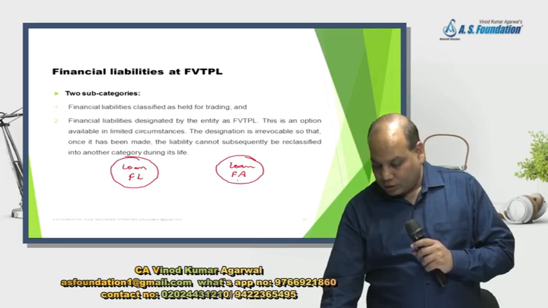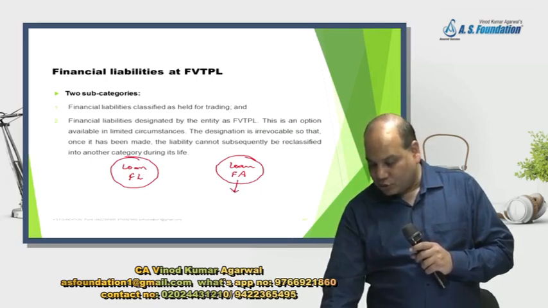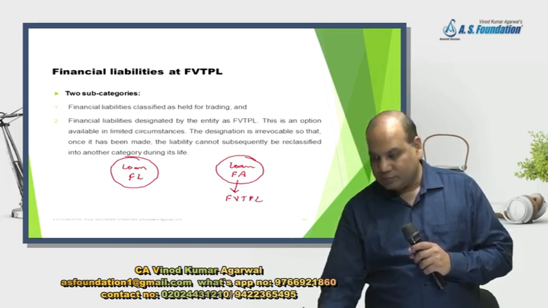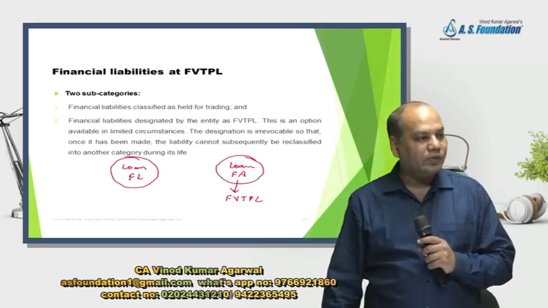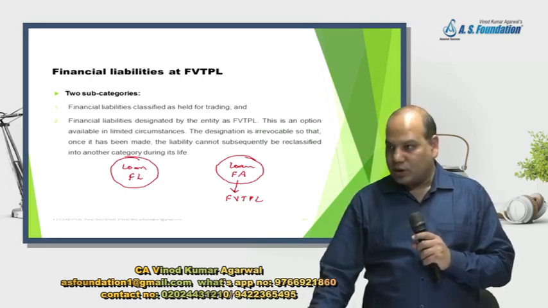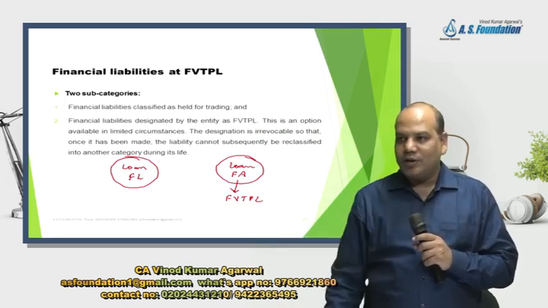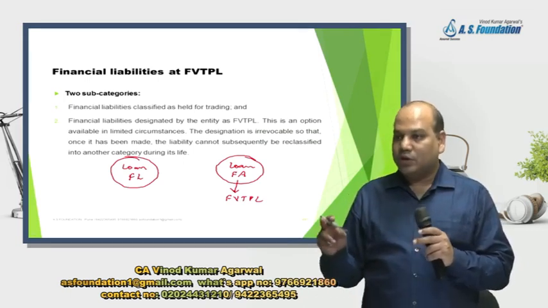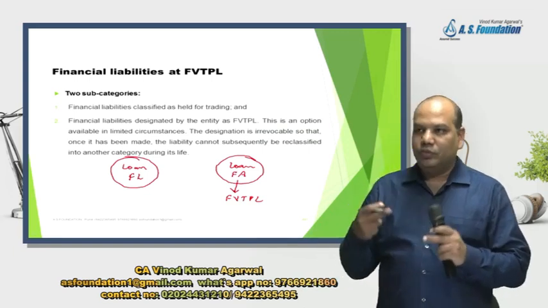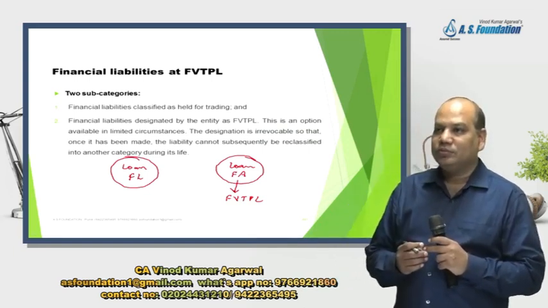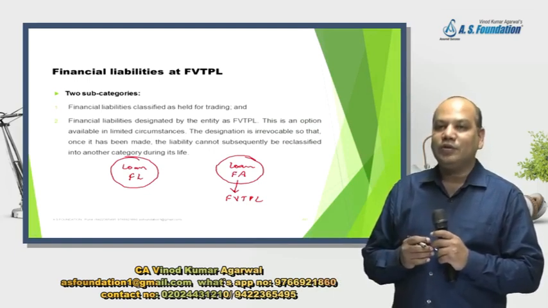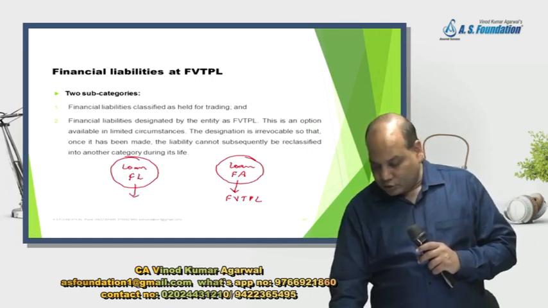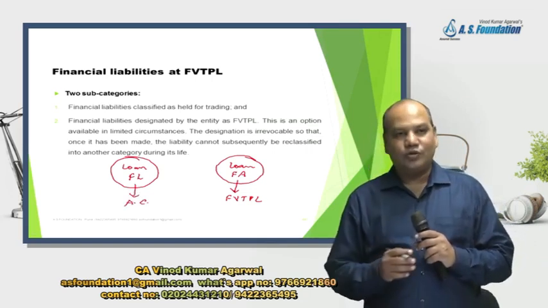For some reason, suppose this loan is classified as FVTPL. Let us say it does not fit into the amortized cost or FVTOCI category. So what will happen? The asset will be measured at FVTPL. Change in fair value will be recognized in P&L account. And this loan, suppose you show at amortized cost.